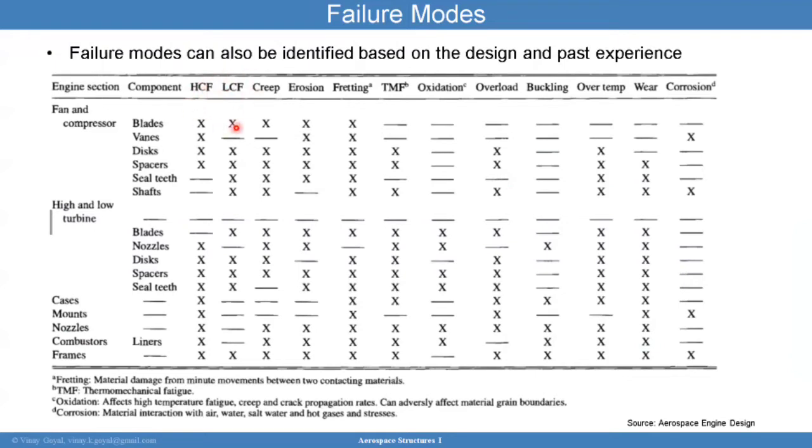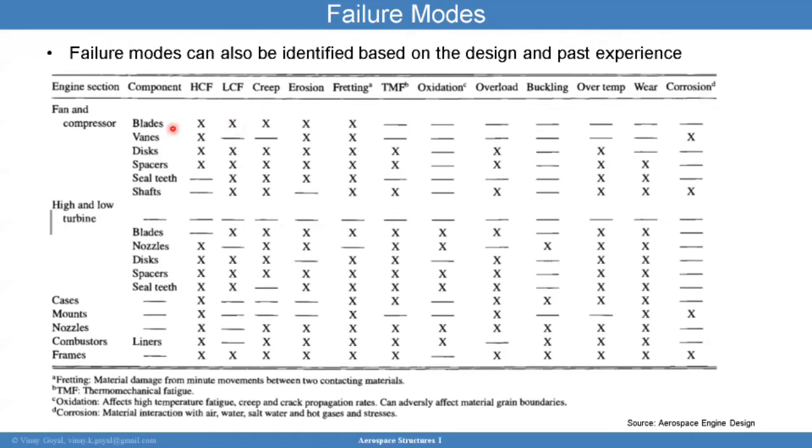Failure modes can also be identified based on the design and past experience. And the source was the Aerospace Engine Design book. I'll be going into different parts an aircraft, launch vehicle, and spacecraft have, and how those are related to the kinds of failure modes you can see. But the point I want to make is that you can identify failure modes based on the design and past experience.